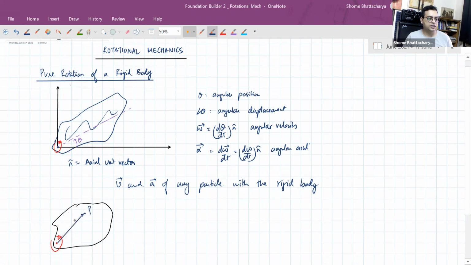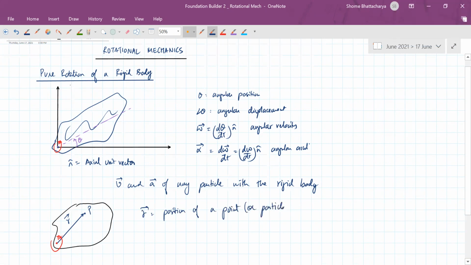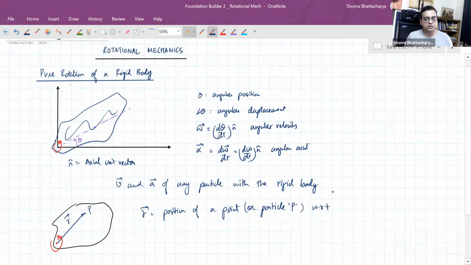So it was important to understand that R is the perpendicular. It is the position of a point or particle. Sir, you have taught this in last class. Yes, I'm taking a recap of this. With respect to the axis of rotation.